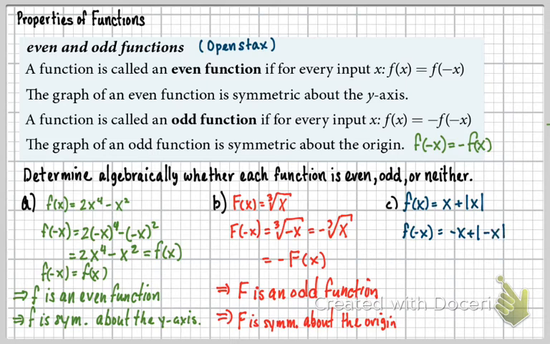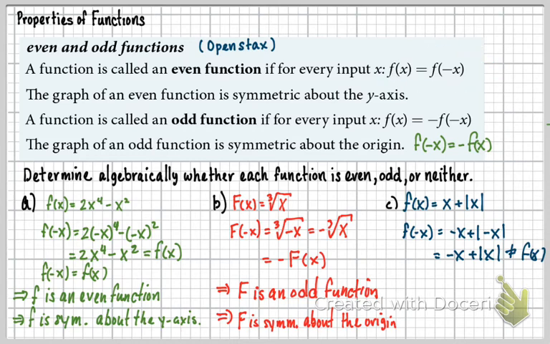Now, if I take the absolute value of any number, positive or negative, it's going to result in a positive. So this would be equivalent to negative x plus the absolute value of x. It doesn't meet my first condition. This does not equal f of x. So that takes this one out of the running.